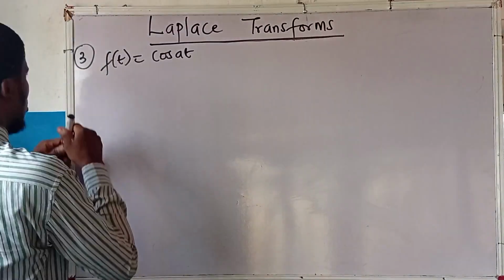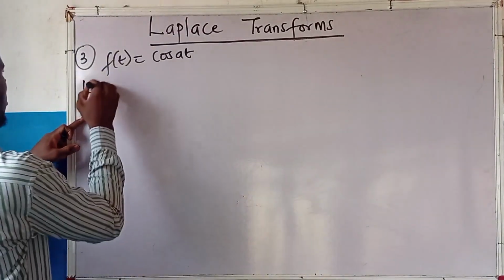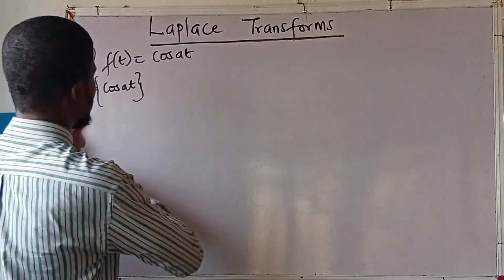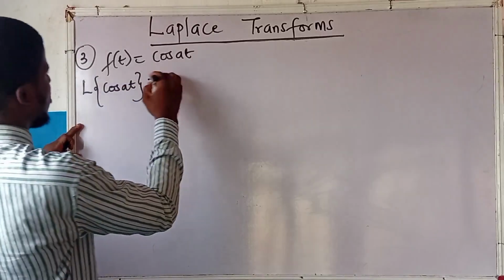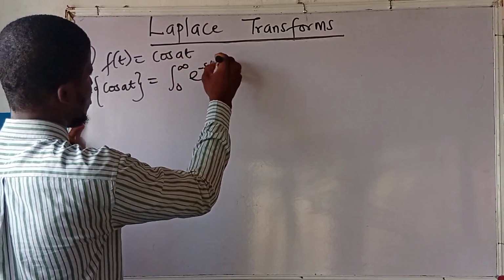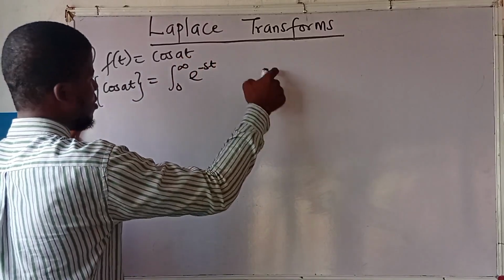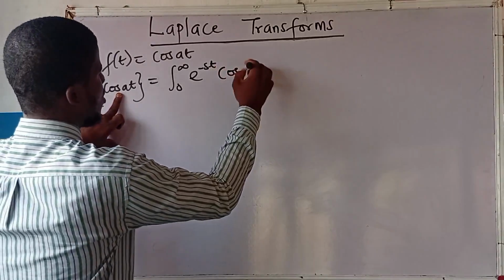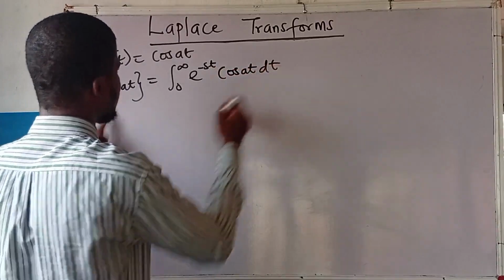Watch. For the Laplace transform of cos at, remember, the Laplace transform of f of t is the integral from 0 to infinity of e to the power of minus st into f of t dt. F of t now is cos at, so I'm writing cos at dt.